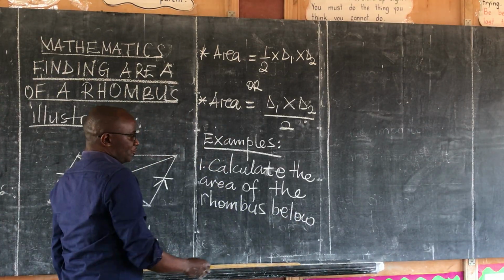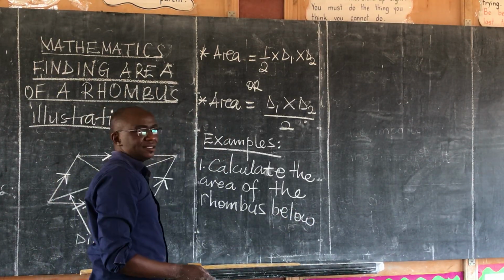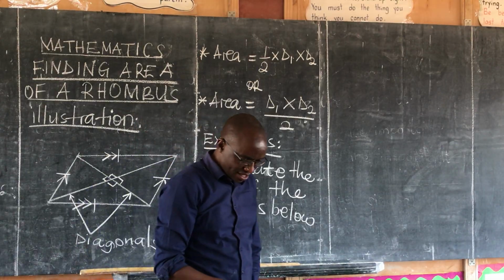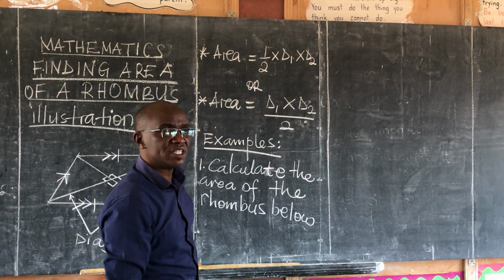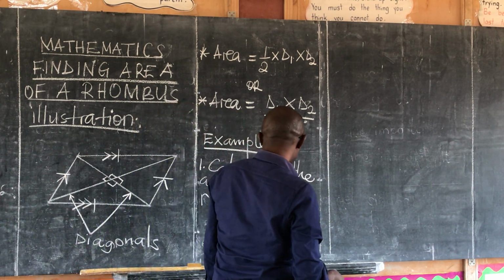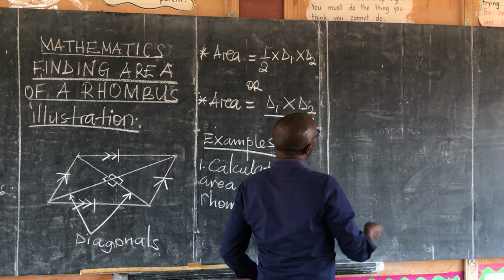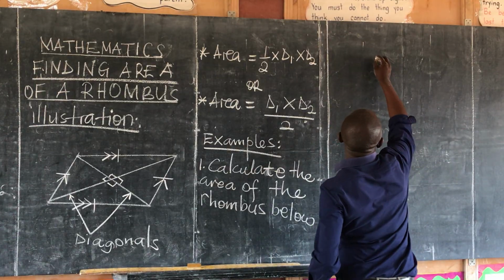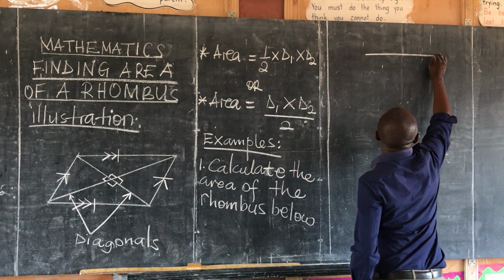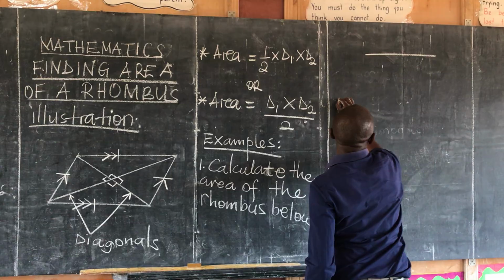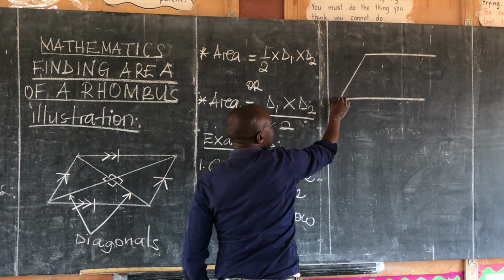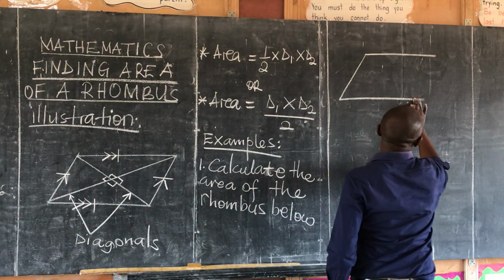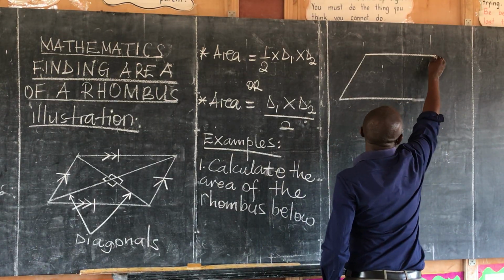I've said we are going to find the area using three methods, so what you find easier for you is what you will do. Now, this is our rhombus, and we are going to find its area.